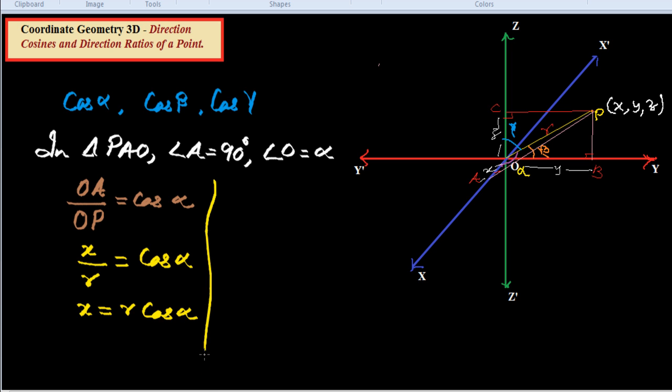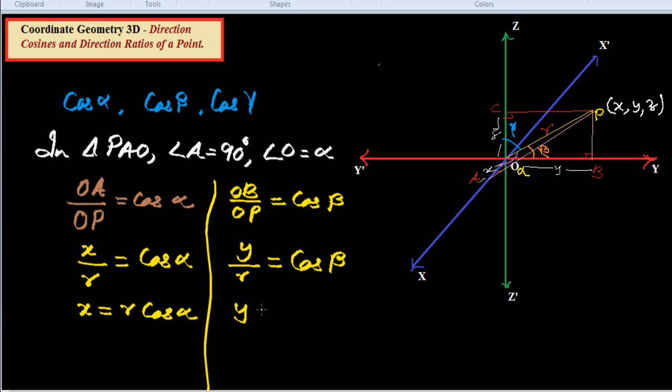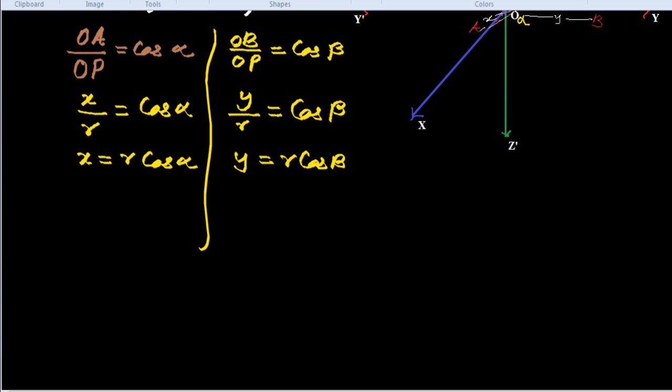Similarly, we could find out OB over OP is equal to cos beta. So y over r is equal to cos beta, then y is equal to r cos beta. The same way we could find out OC over OP is equal to cos gamma.